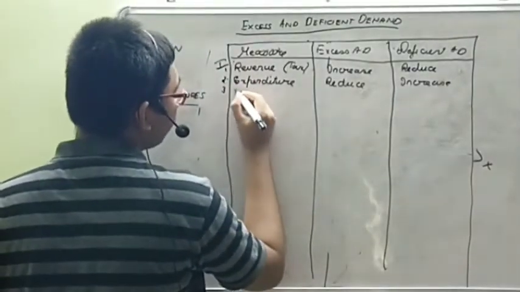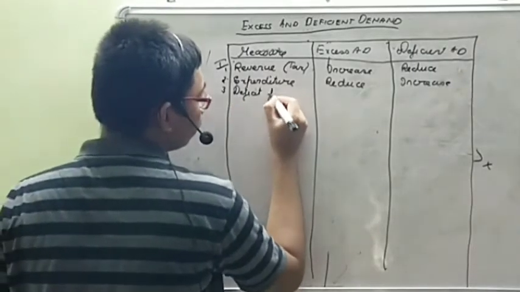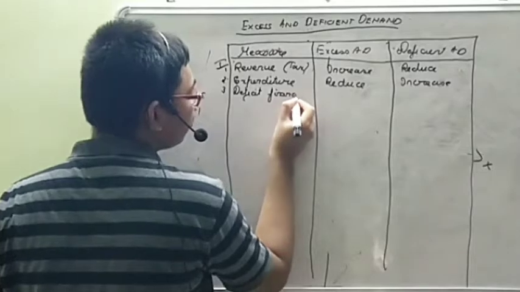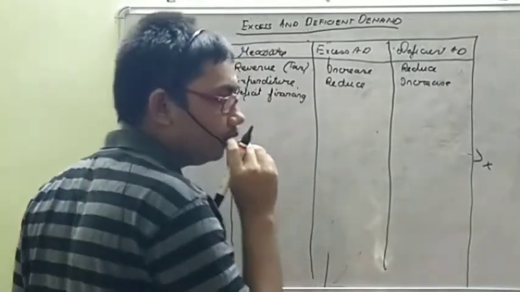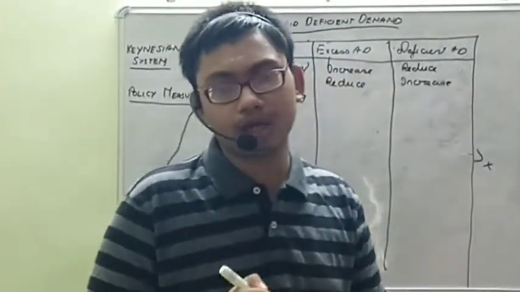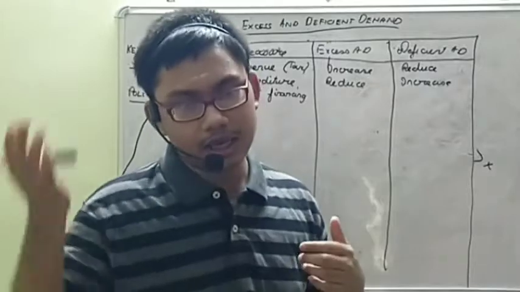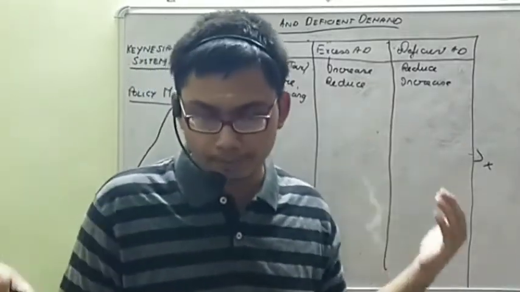Then there is deficit financing. Deficit financing means what? The government is incurring budgetary deficit, and in order to cover that, they are printing more notes. If more currency is printed, more currency will go to the public.